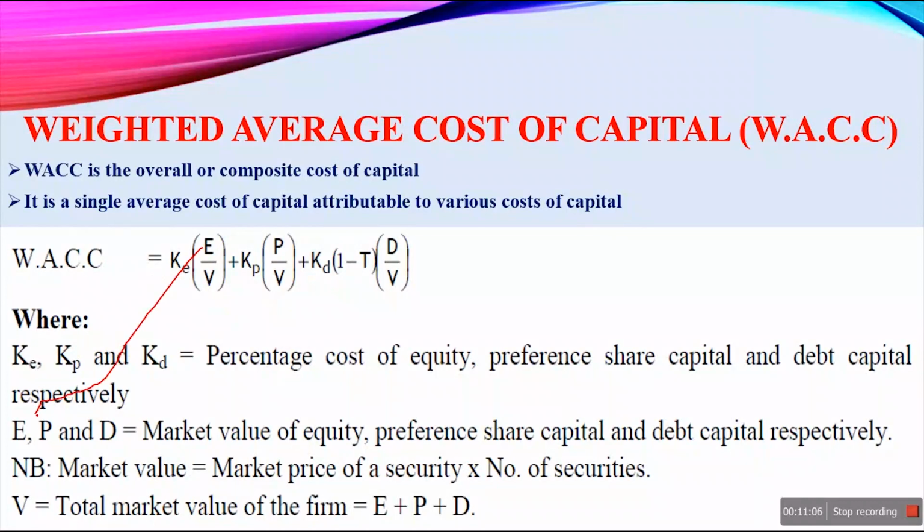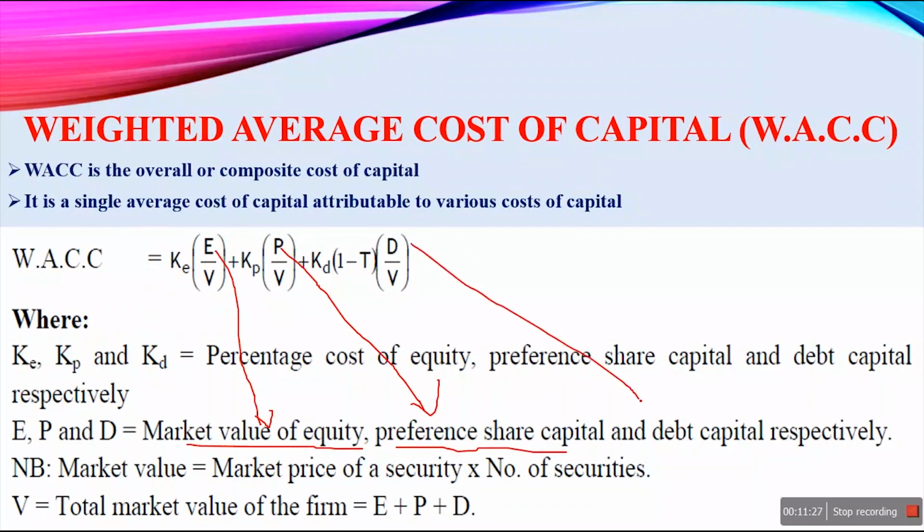E in the formula represents the market value of equity. P represents the market value of preferential capital, and D represents the market value of debt capital.